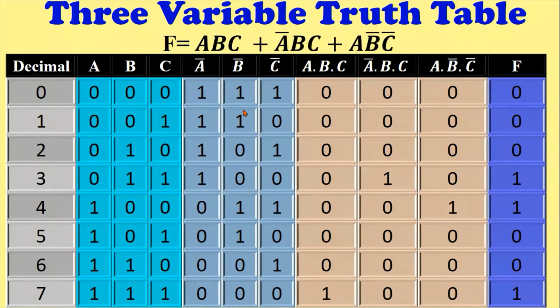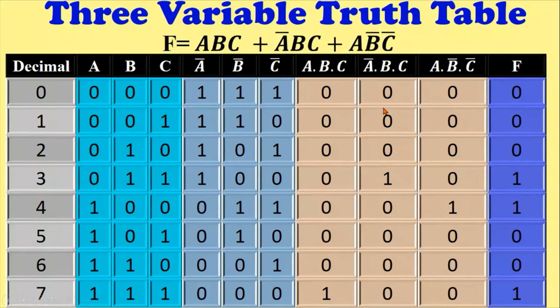Same like that the second value: if there is only one 0, the answer will be 0 because you are taking multiplication, the dot product. So 0 again, there is 0 and 1 0, so you will have 0, and again 1 0, and again same like that. In the last value of ABC you will have 1 in all columns of ABC.